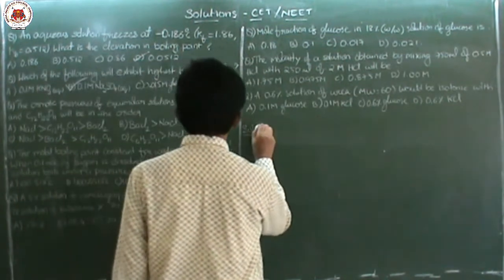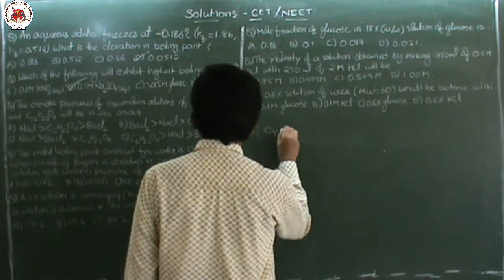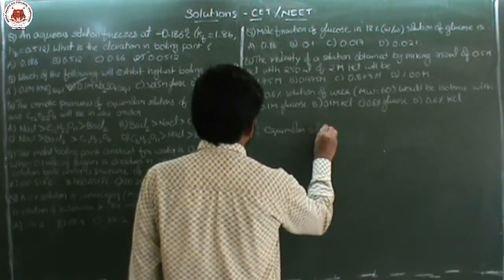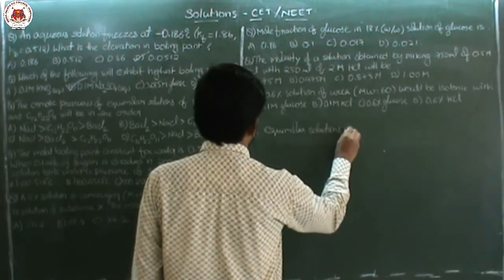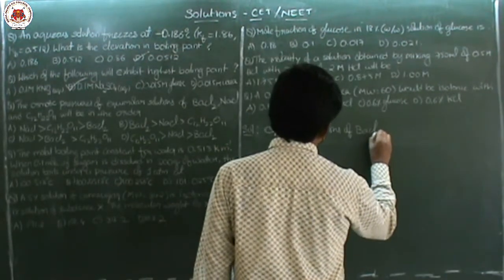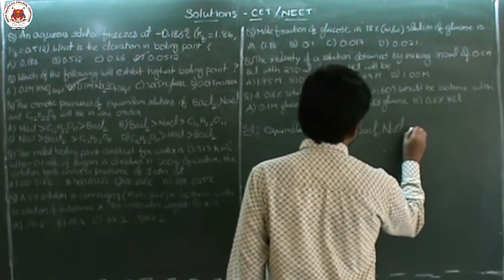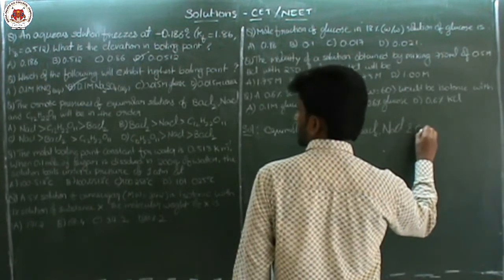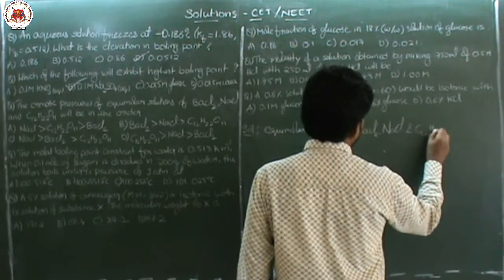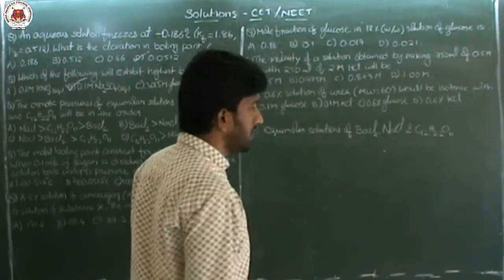They are saying that we have equimolar solutions of BaCl2, NaCl and this sugar, that is the sucrose molecule, C12H22O11. They are asking the osmotic pressure order.